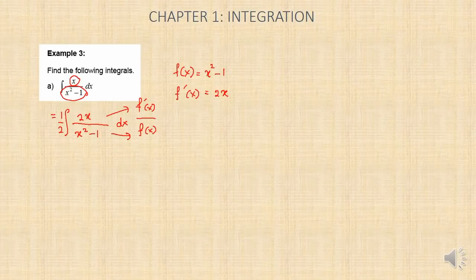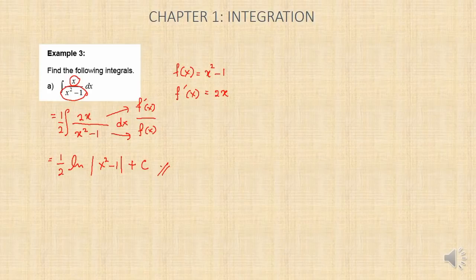By using the formula that we learned before, I can directly integrate as ln fx, which is ln x squared minus 1 plus c.